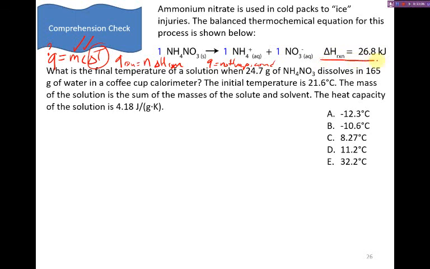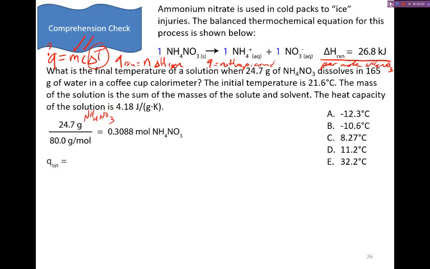Since we're given the enthalpy of the reaction, this is per mole of ammonium nitrate. So we need to find out how many moles of ammonium nitrate we have. We can do that by taking the mass over the molar mass and get 0.3088 moles of ammonium nitrate.